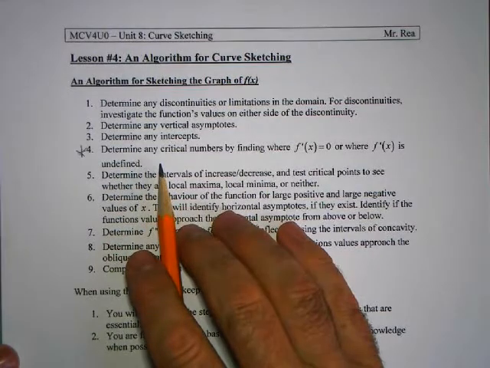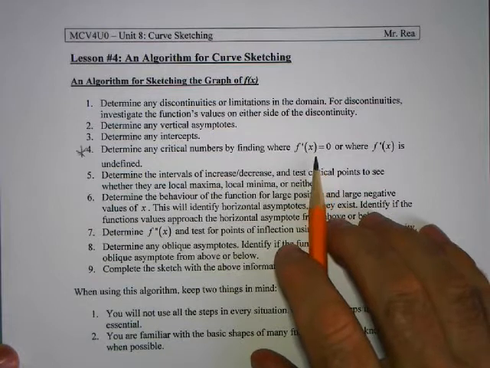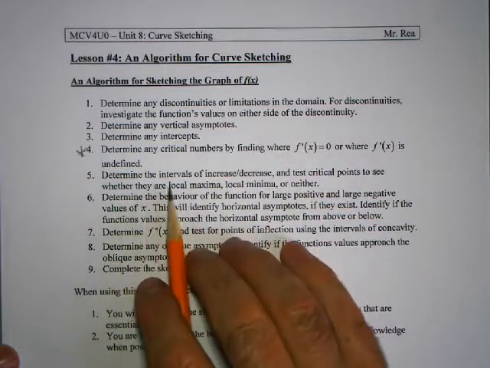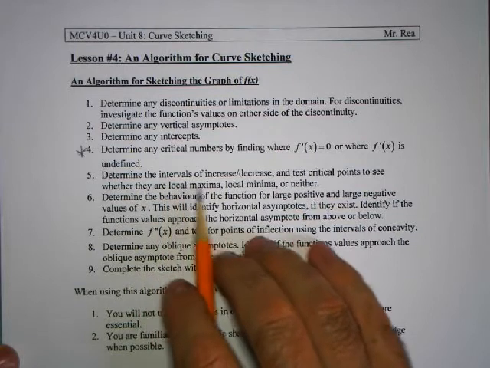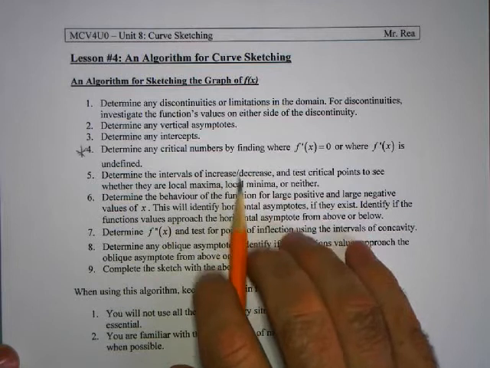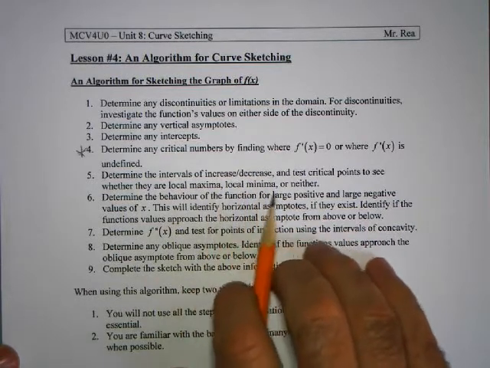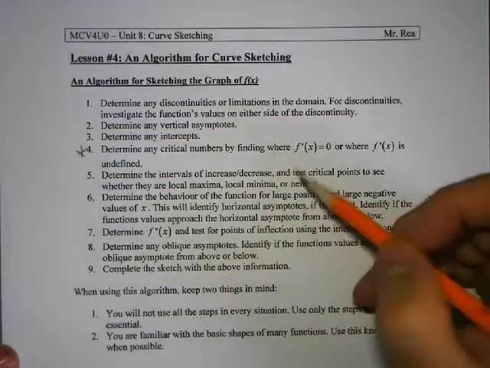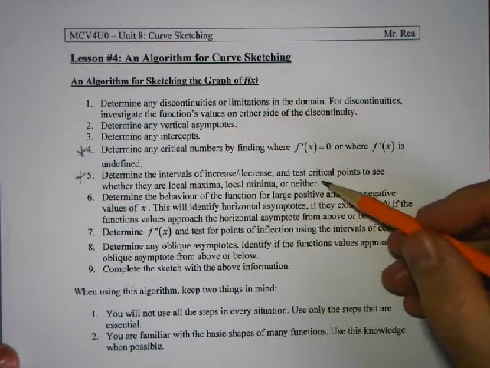And then this is basically lesson 2. Determine any critical numbers by finding where the derivative is equal to 0 or where it's undefined. Then, using interval testing, find where it's increasing or decreasing around these critical points, and test these points to see if they're local max, mins, or neither. This can be done as we learned in the last lesson.